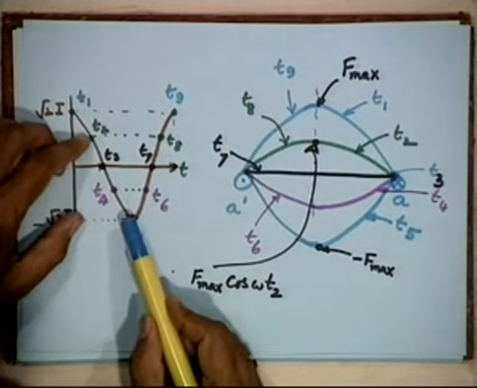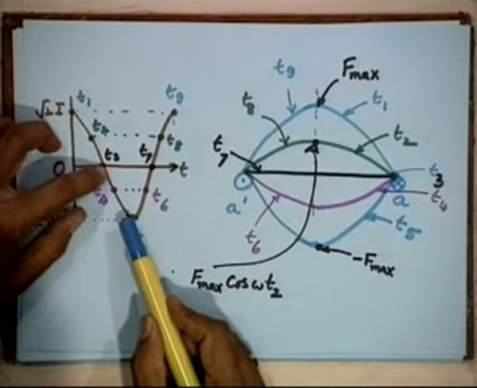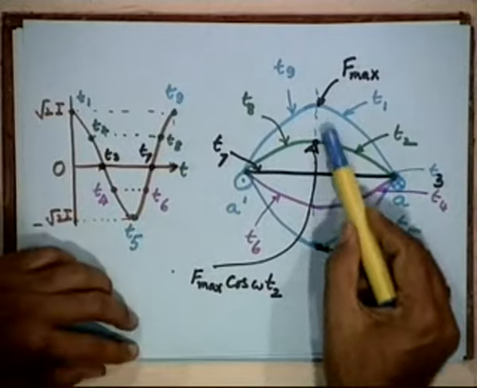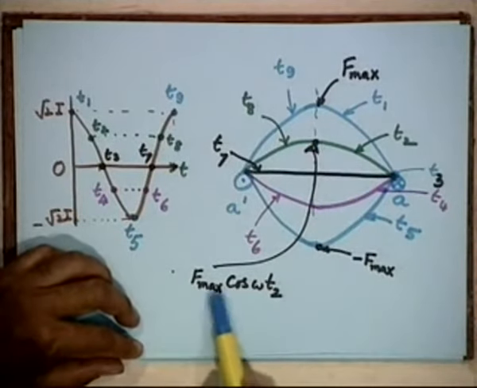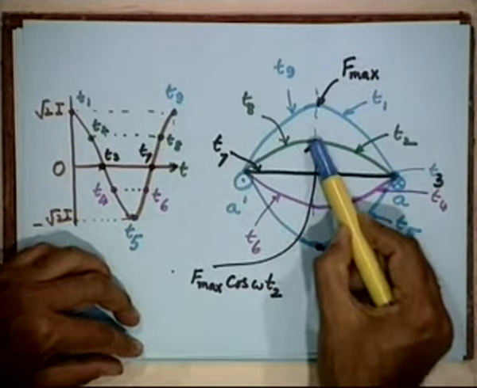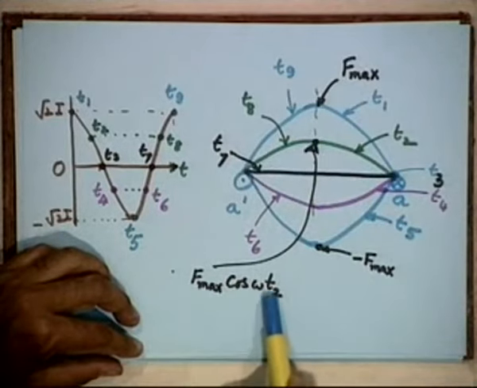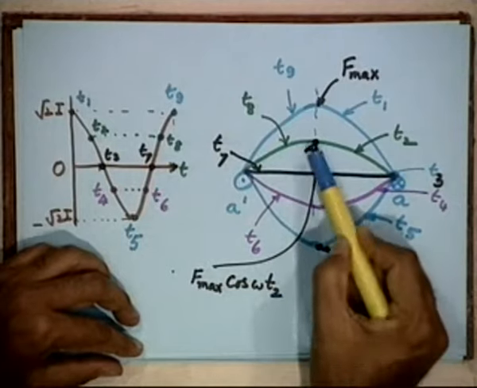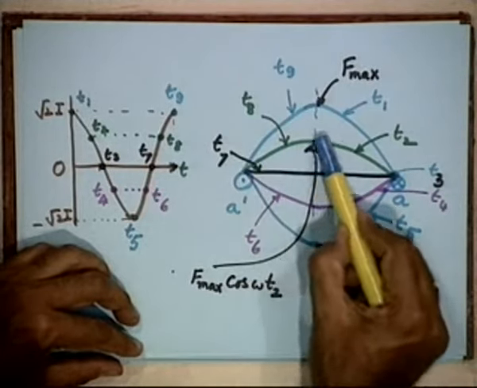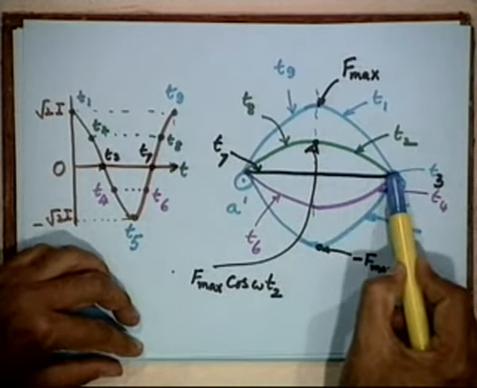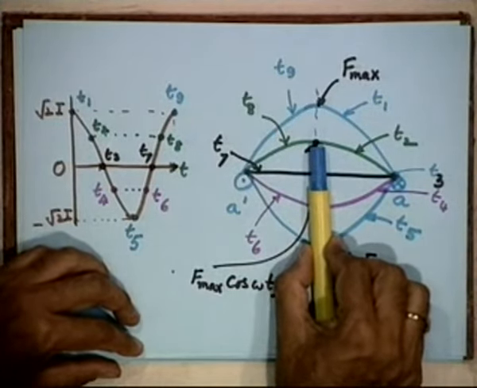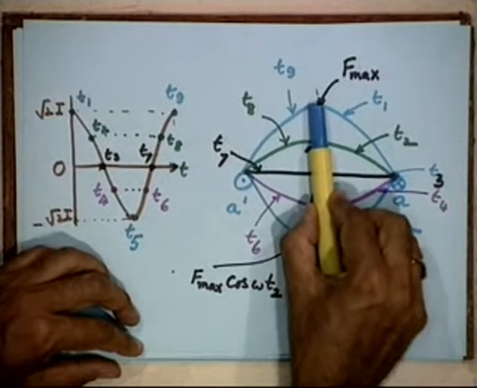Now let us look at time t2 here. Time t2 is somewhere less than the maximum value but more than the 0 value, some point here. At that instant t2, you will have some value which is F max cos omega t2, okay, and then again another sine wave is standing. That means if there is another magnet located here, its peak strength is less than this value.